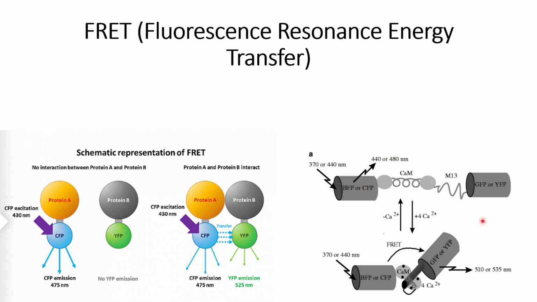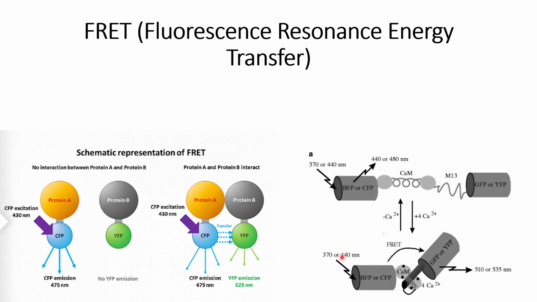However, this linker is designed in such a way that whenever free Ca2+ is available within the cells or in the organelles, it will bind to this linker, which causes a conformational change so that the distance between these two reporters is reduced, as we can see here, and fluorescence resonance energy transfer can occur.